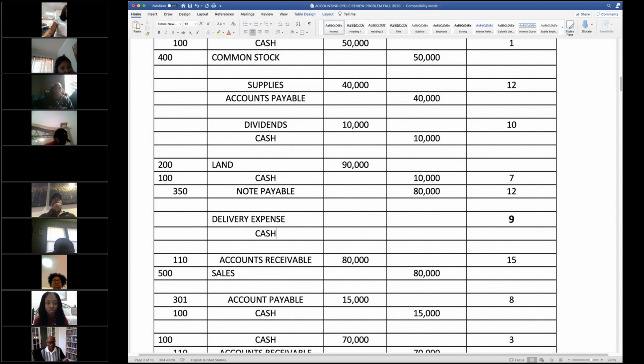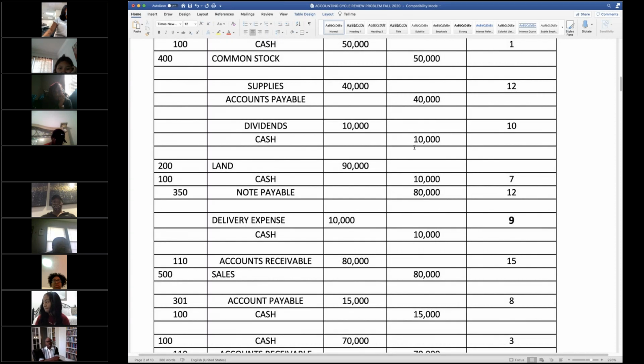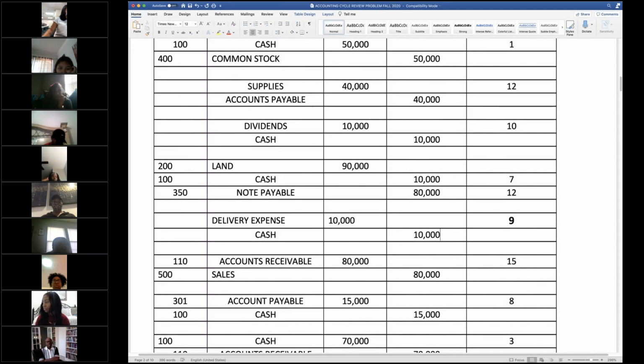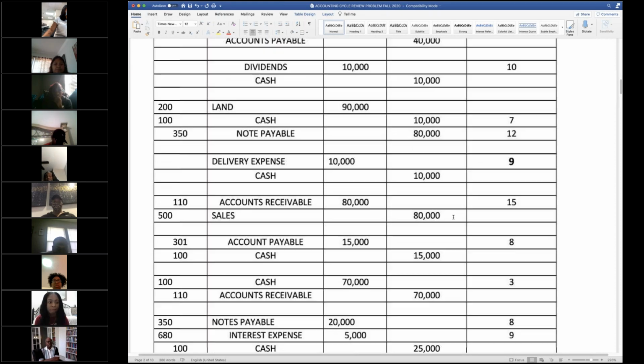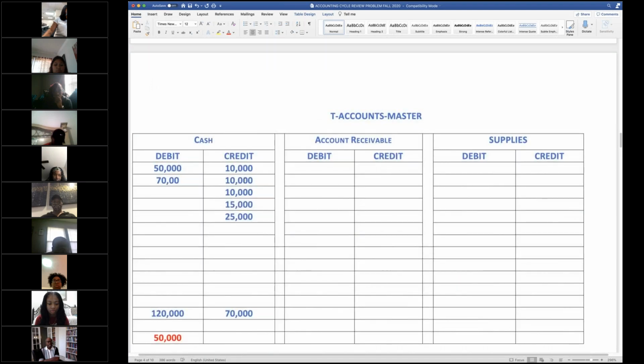There should be a 10,000 in the middle, because number 3, 10,000 right there, dividends. So we got three 10,000s. We have, in terms of credit, 10, 10, and 10. Let's go to the T account.